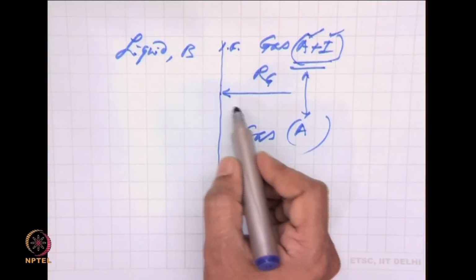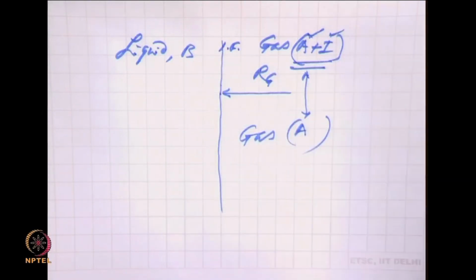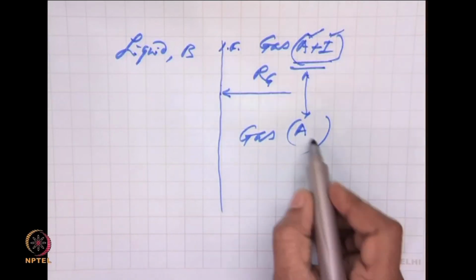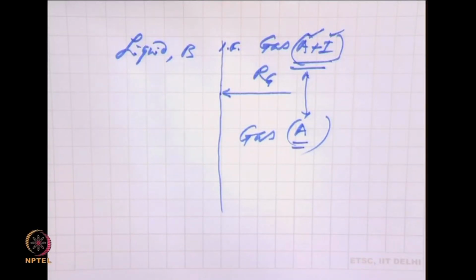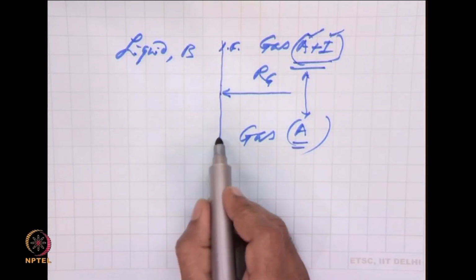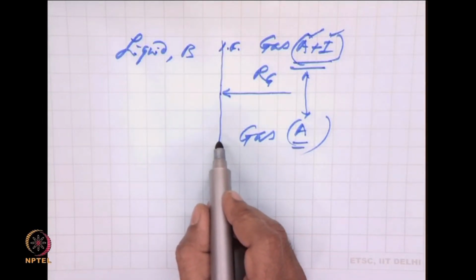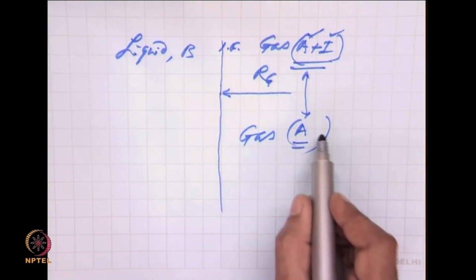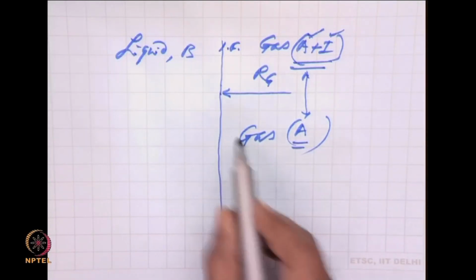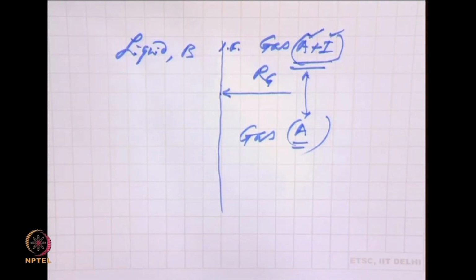We may expect therefore, the gas phase resistance to be the minimum possible. The question then is, if that is the situation, does it mean that the resistance in the gas phase is 0?